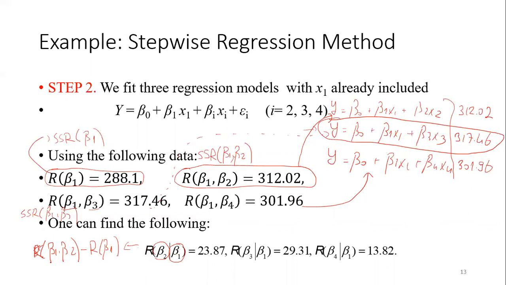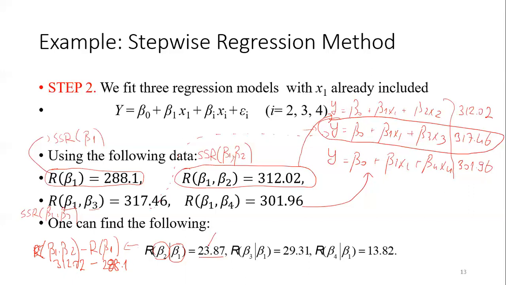So what is this? This is 312.02 minus 288.1. If you just subtract this, the resulting thing is 23.87.